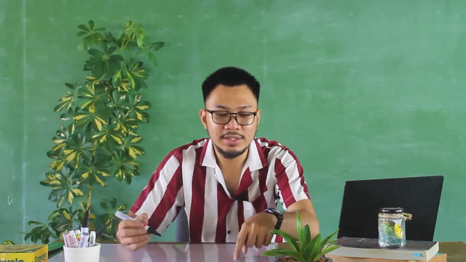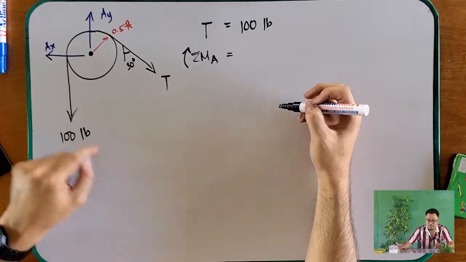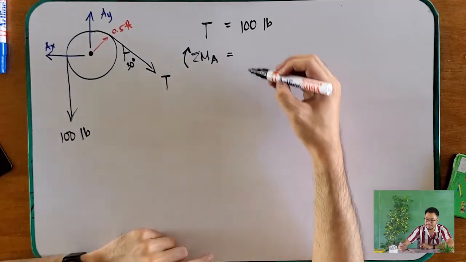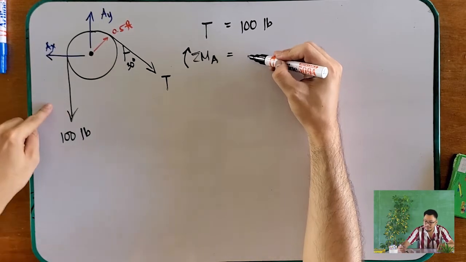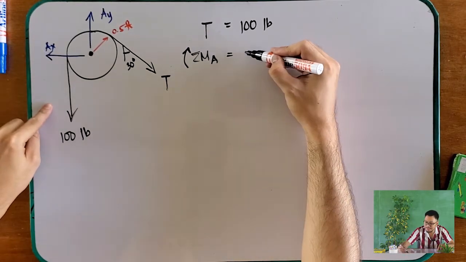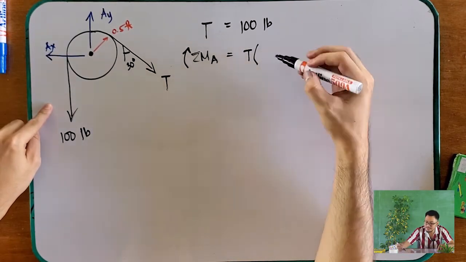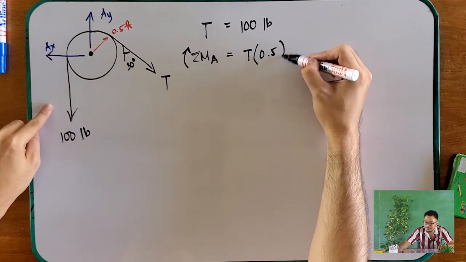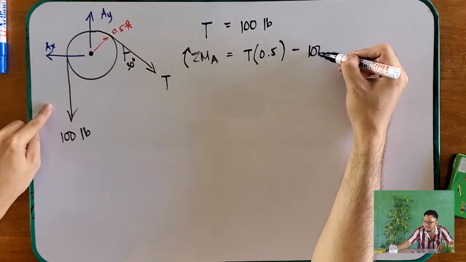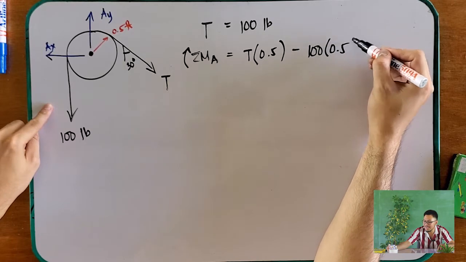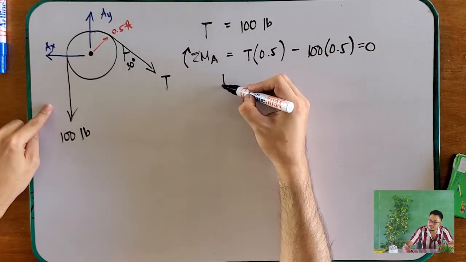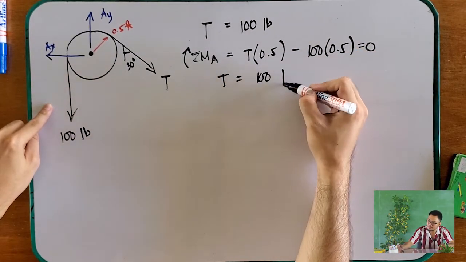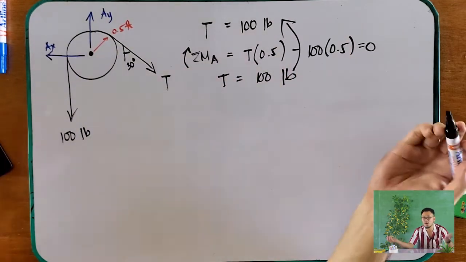So, summation of moments at point A: T times 0.5 minus 100 times 0.5 equals 0. So obviously your T is 100 pounds, which is the same, which is obvious.